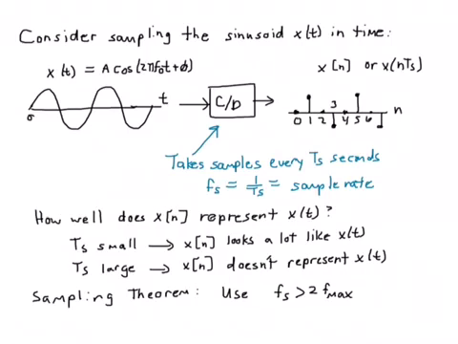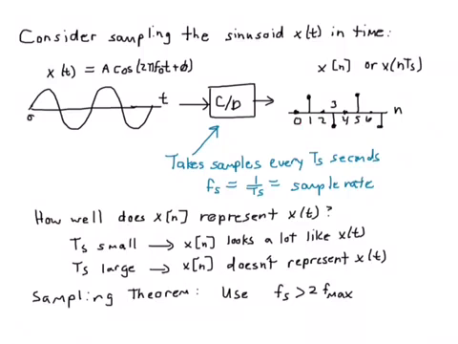If we consider sampling that sinusoid x(t) in the time domain, we run it through an idealized box called a continuous to discrete converter, abbreviated C to D. That box will output a series of samples, indexed on integers n. Let me sketch what these samples look like on the time signal.